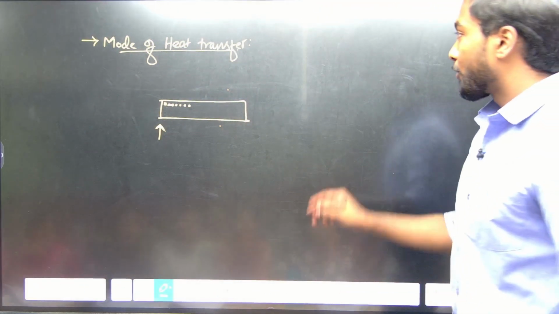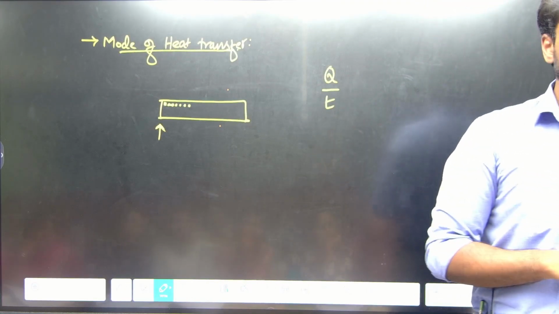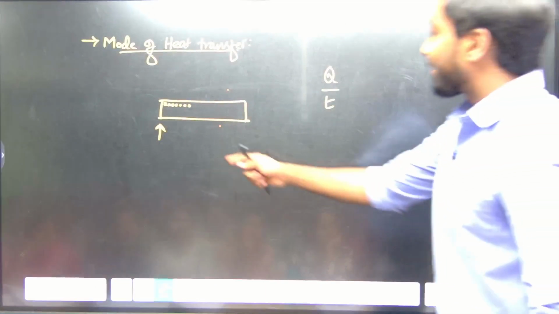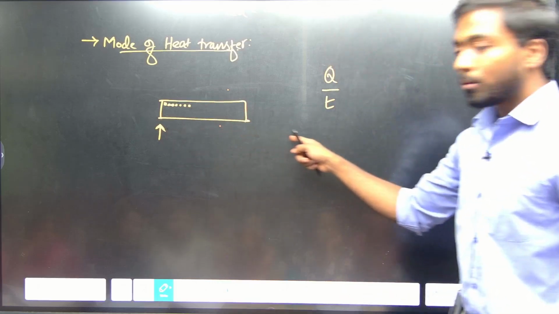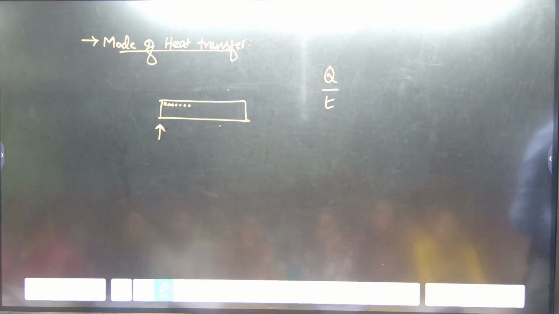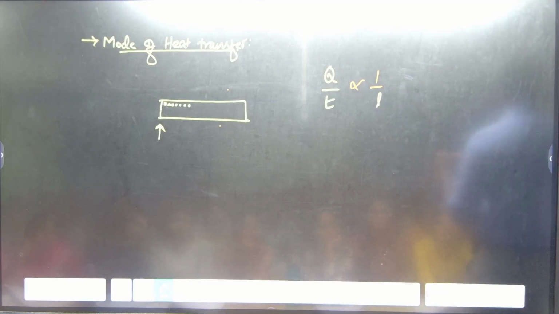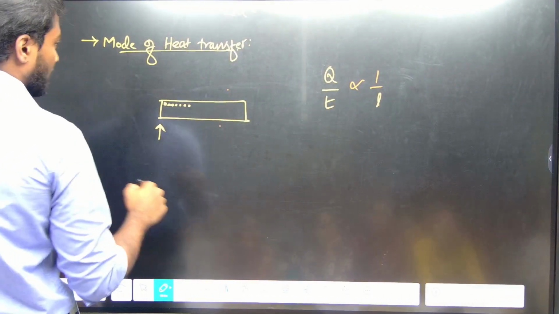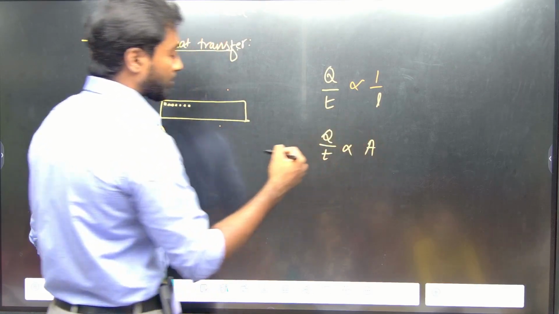The rate of heat flow is nothing but Q with respect to T. If I increase the length, then it will take more time to pass the heat to the other end, so can I say it is inversely proportional to length? Yes. And Q by T is directly proportional to area also.